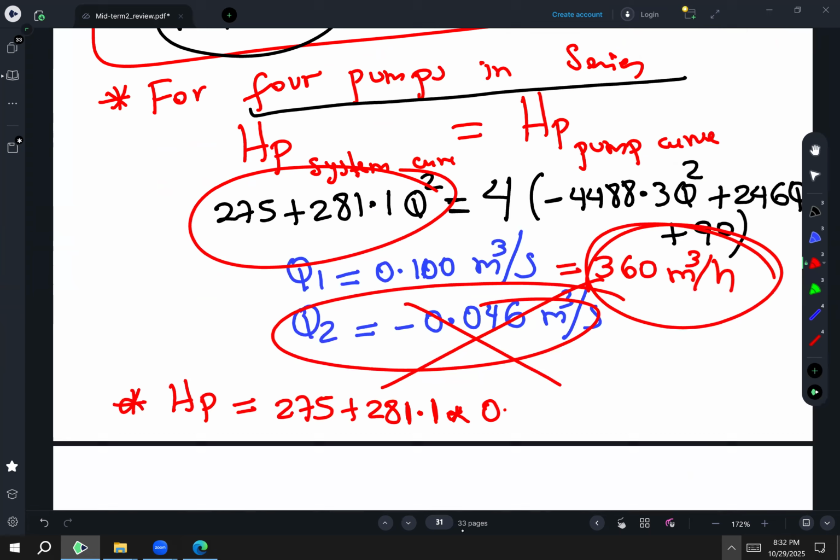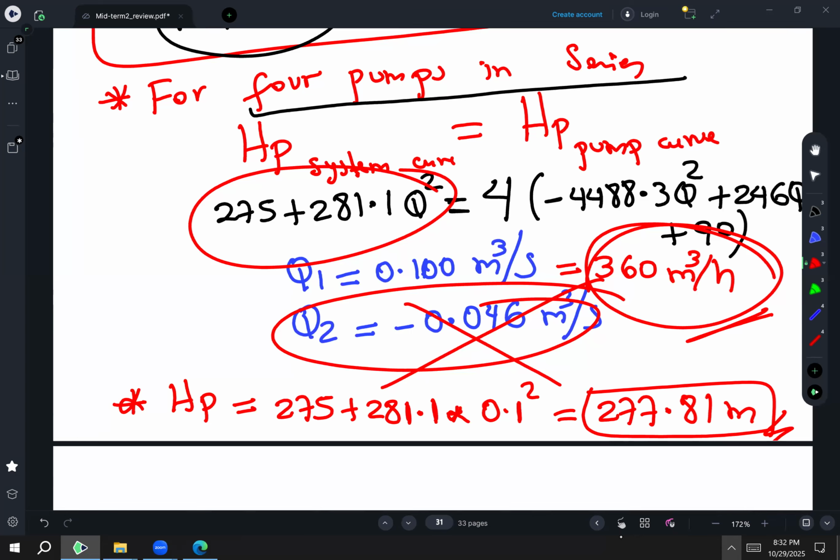So Q is going to be 0.1 squared, and that will give me a value of 277.81 meters. Therefore, the head is 277.8 meters, and the flow discharge is 0.1 cubic meters per second or 360 cubic meters per hour. Those will be the answers.